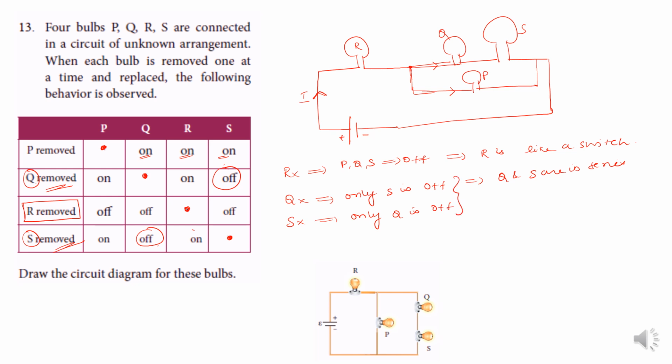So this means Q and S are in series. If P is removed, it does not affect this circuit. All the 3, Q, R and S, are on. That means P is in parallel combination to Q and S. Okay, that's it.